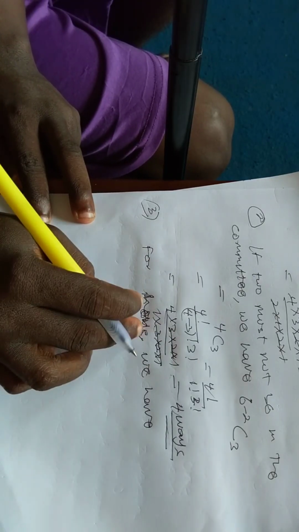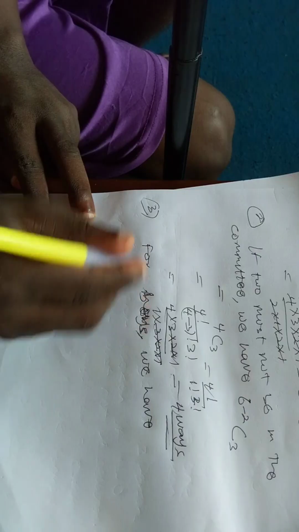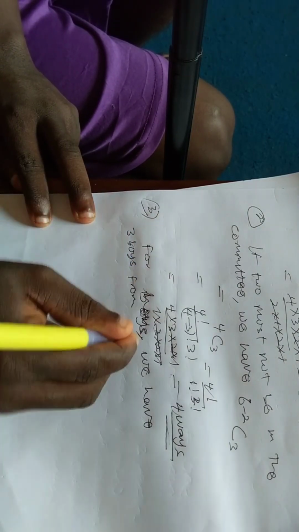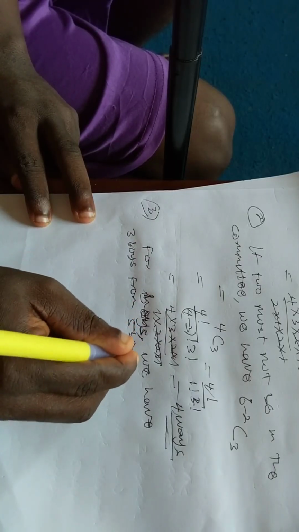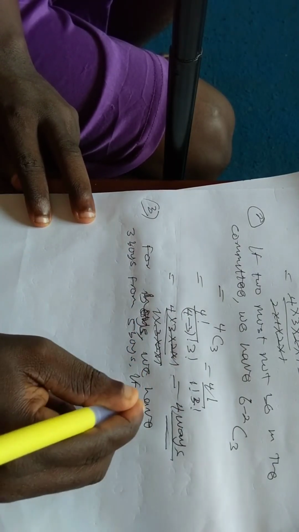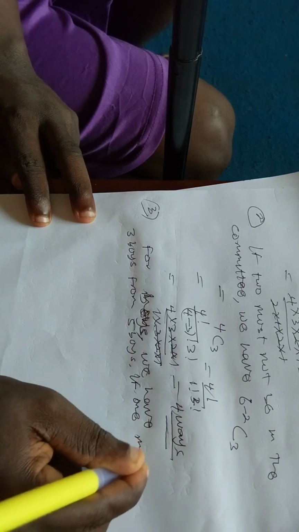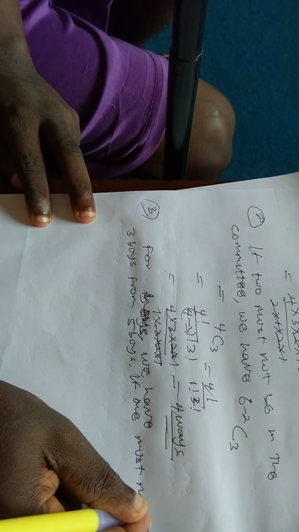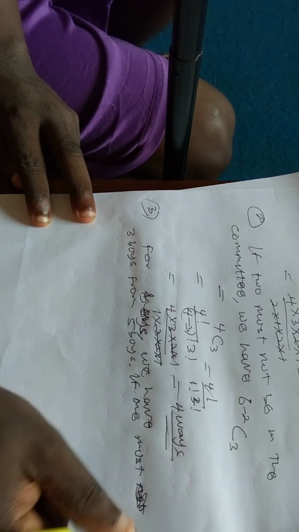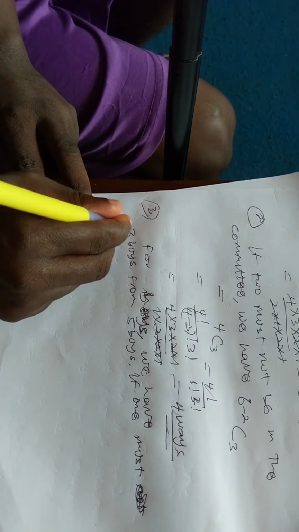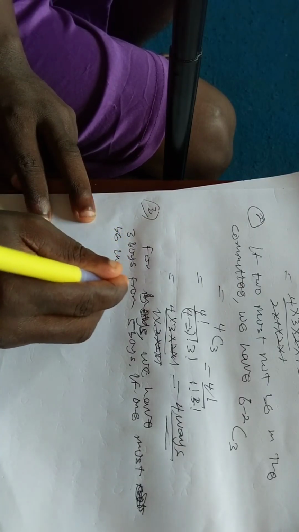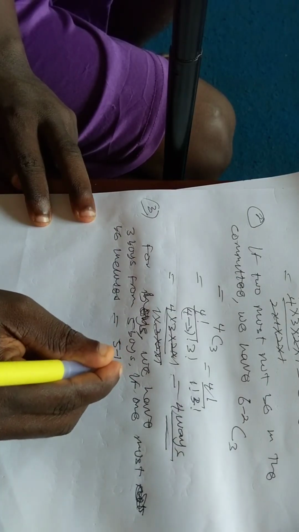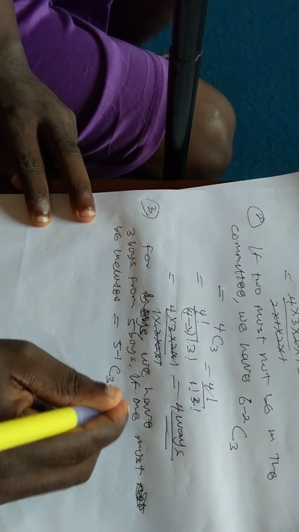So for boys, we have 3 boys from 5 boys if one must be included, equals 5 minus 1 combination 3 minus 1.